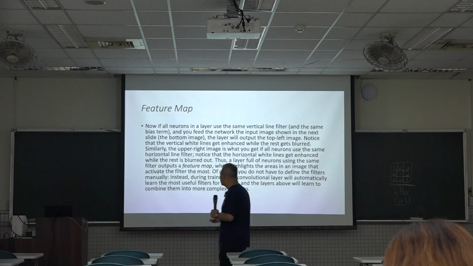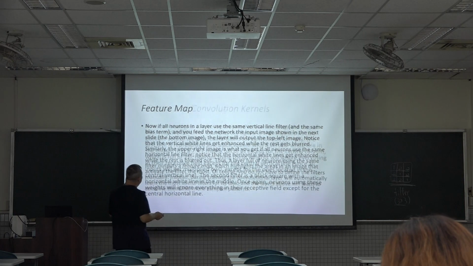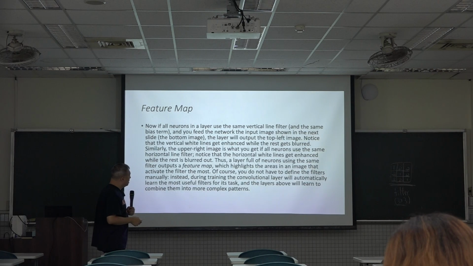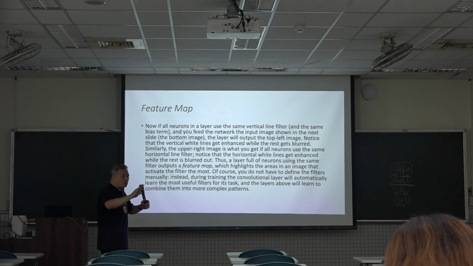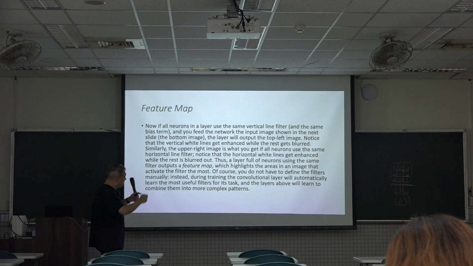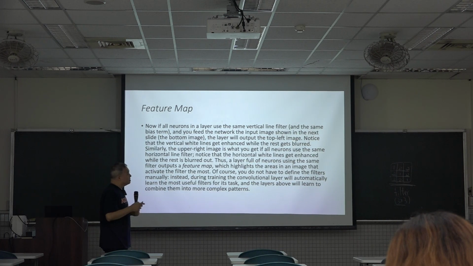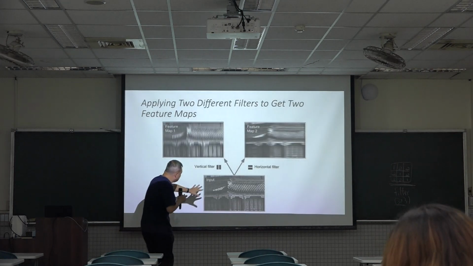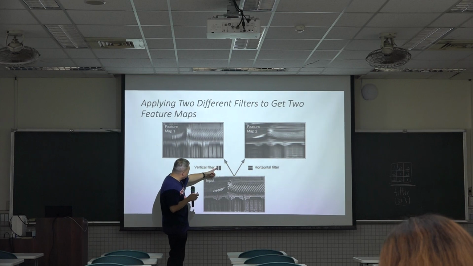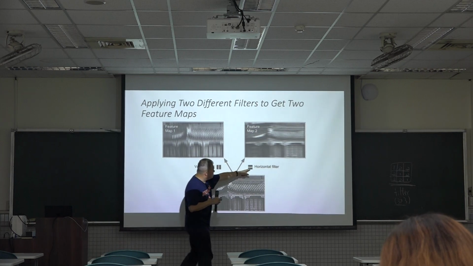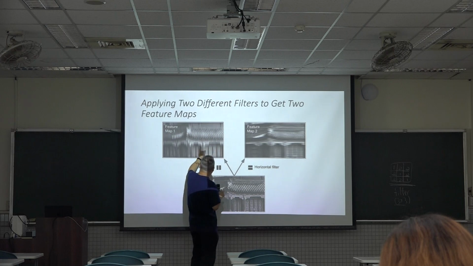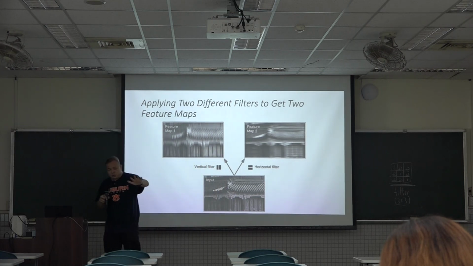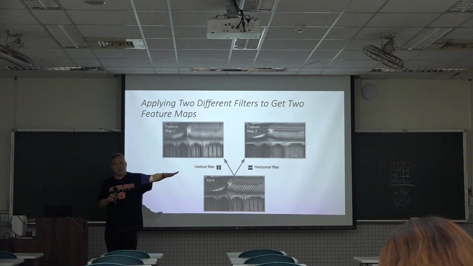And after you apply one filter, the image you get, we call that a feature map. So for this input, with this filter you get this one. With this filter you get that one, right? So each of these two is called a feature map. Each filter will give you one feature map.